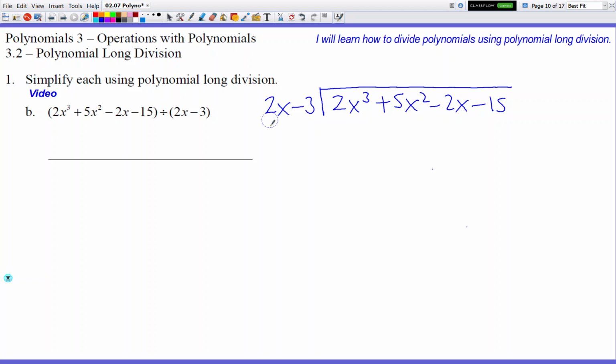This time my target is to turn 2x into 2x cubed. I want to go shopping, basically. I already have a 2, and my target is 2, so I don't need any numbers.